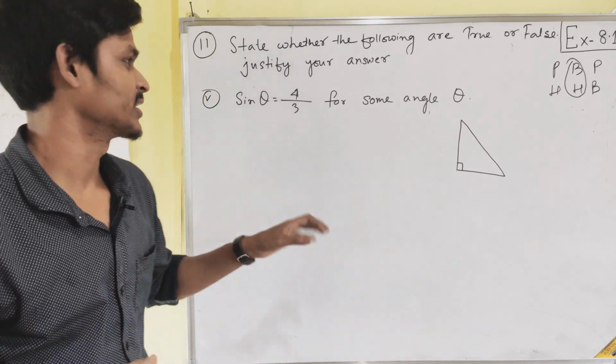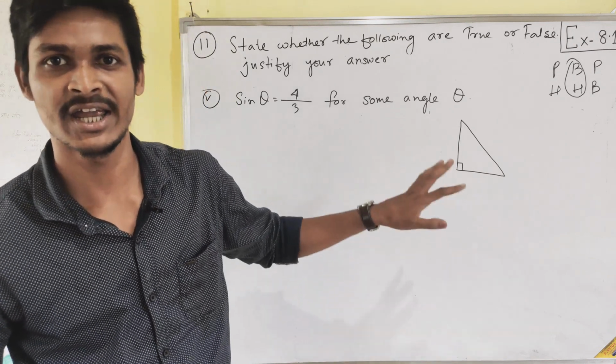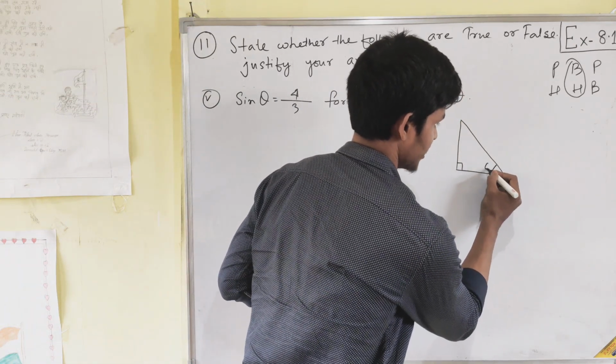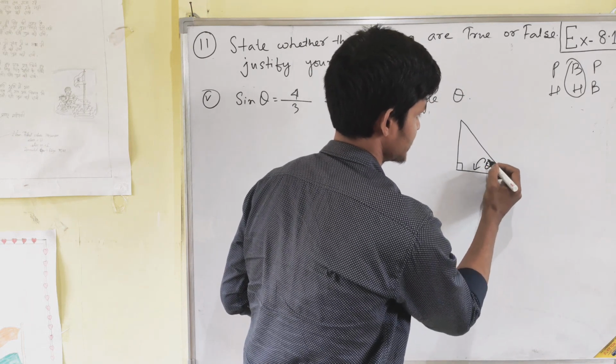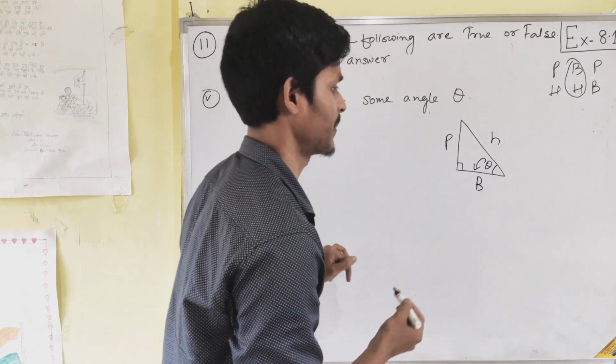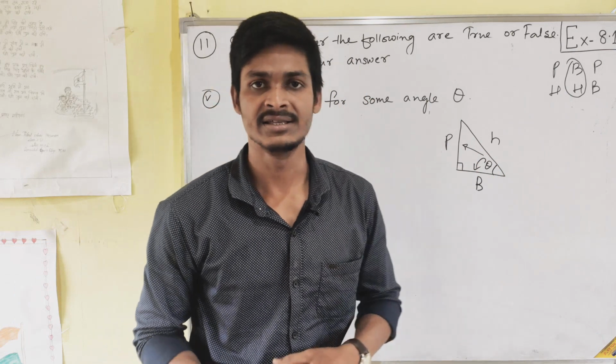So now the last one, that is sin theta equal to 4 by 3 for some angle theta. So here I draw a right angle triangle. If this angle is your theta, then this is your base, this will be your hypotenuse, and this is your perpendicular, because you all know the side opposite to angle theta is your perpendicular.